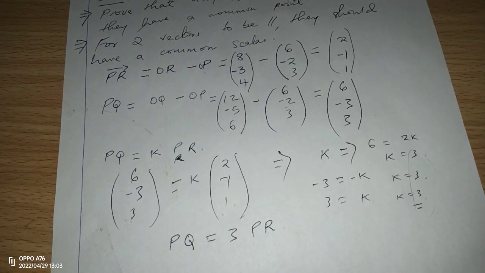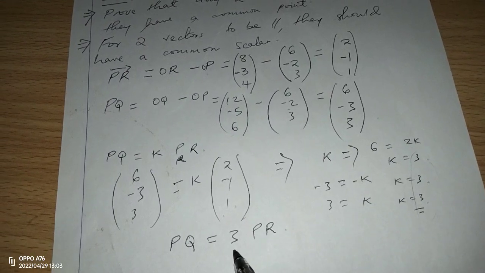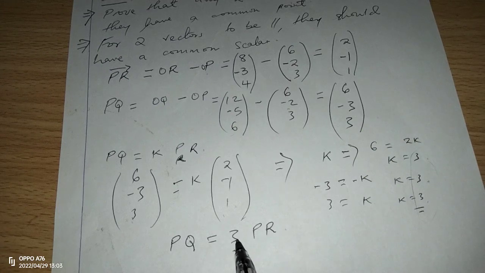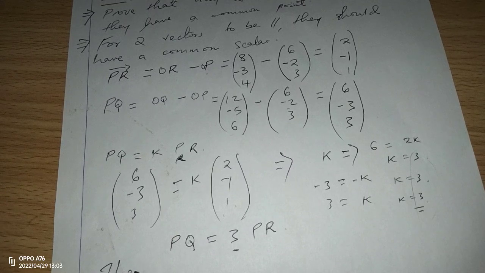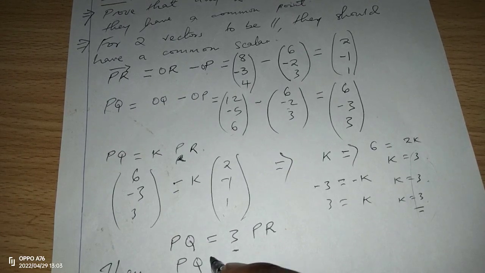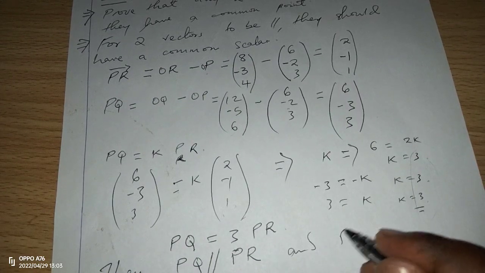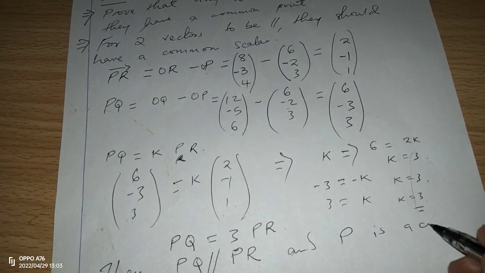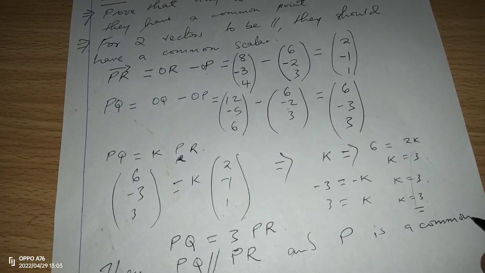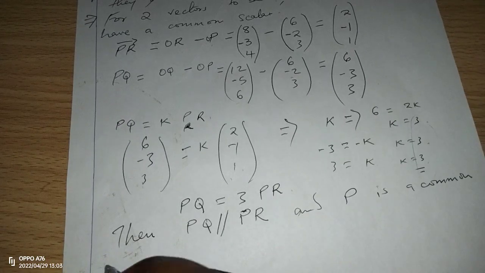Because there is a scalar multiplier here, which multiplies one vector so that you may get the other, PQ is parallel to PR, and P is a common point.